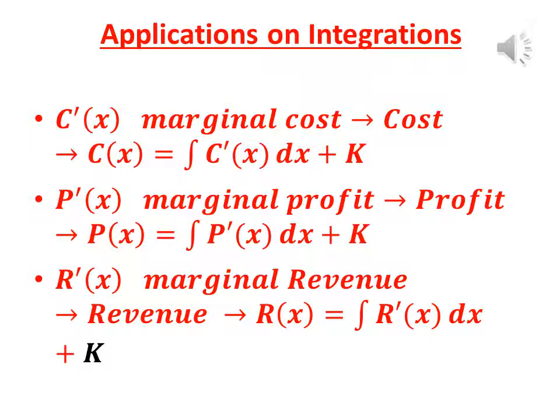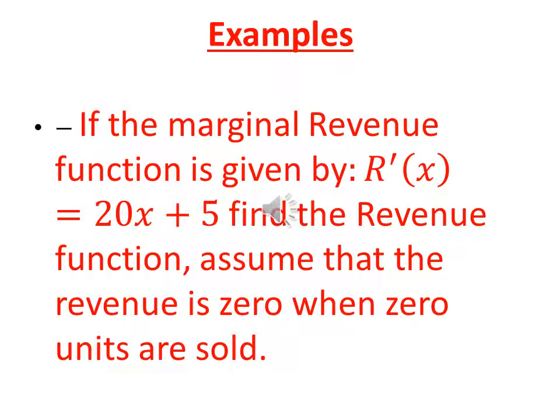Find the profit, meaning integration of marginal profit. Find the revenue, meaning integration of marginal revenue. So marginal is the derivative. Given the derivative, we want its inverse, which is integration. Okay, we'll illustrate that with many examples.